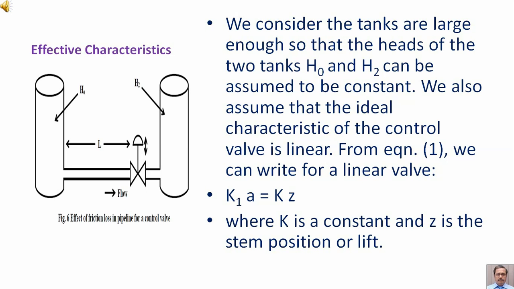From equation 1, we can write for a linear valve K1 times small a equal to K times small z, where K is a constant and z is the stem position or lift. Equation 1, as mentioned, is same as explained in the earlier lecture, Control Valves Part 1.